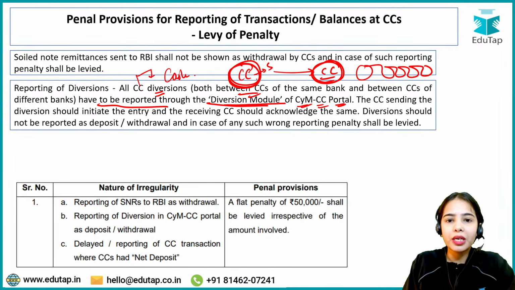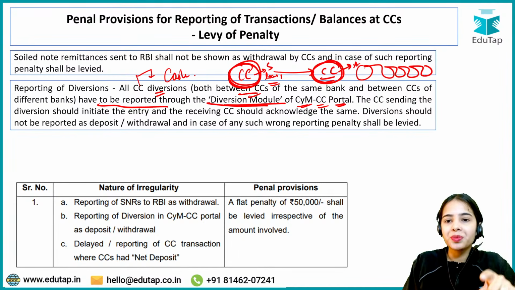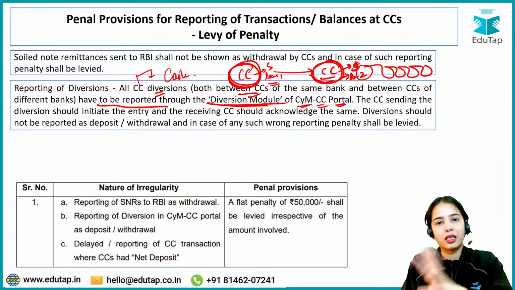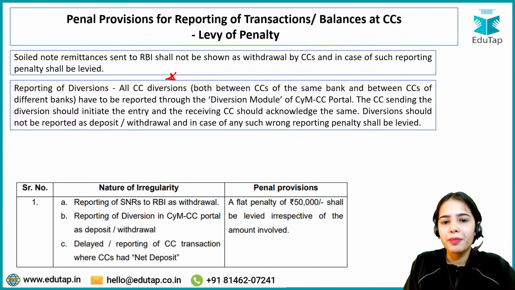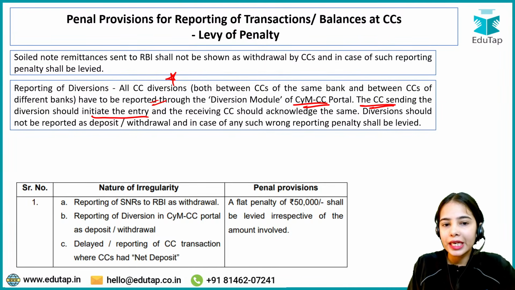For example, from the Sikkim currency chest the money has been sent to the Assam currency chest, or from one local region of the Sikkim currency chest to another local region of Sikkim. So if the transfer of cash is happening, that has to be reported properly. The currency chest sending the diversion should initiate the entry, and the receiving currency chest should acknowledge the same.